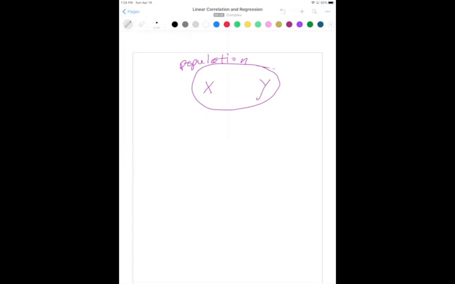And if they are linearly related, there would be what is called a linear correlation coefficient that measures the strength of that linear relationship. And it is designated by the Greek letter rho, R-H-O.